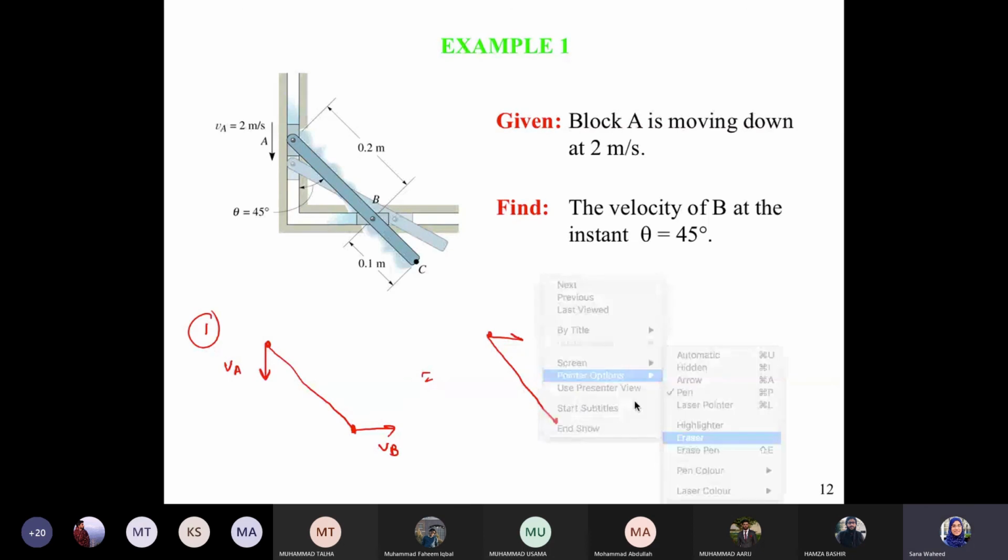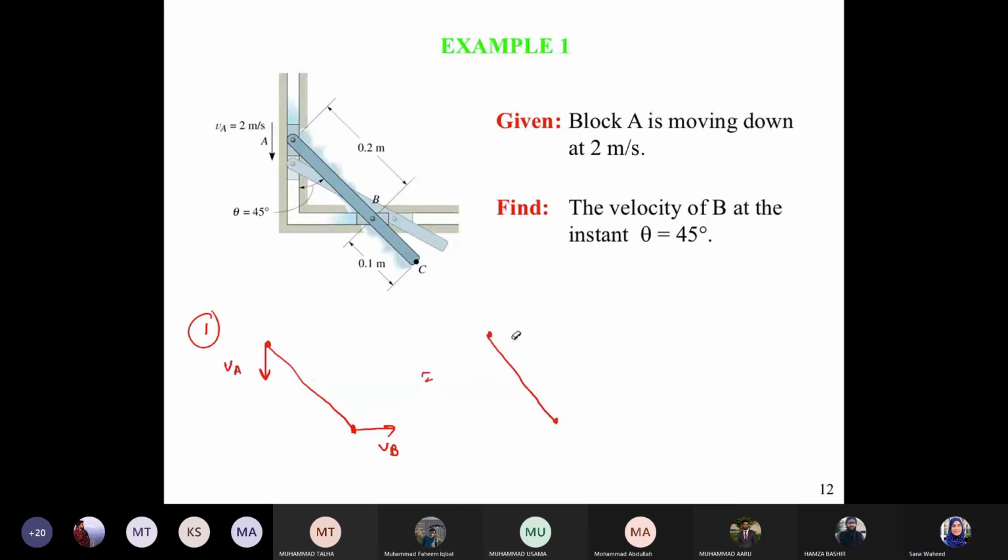Everything gets translated, plus then the rotation about A, which has to be perpendicular. Finally, this is number 3. Then I go back here and draw these things in. So VA below like this.